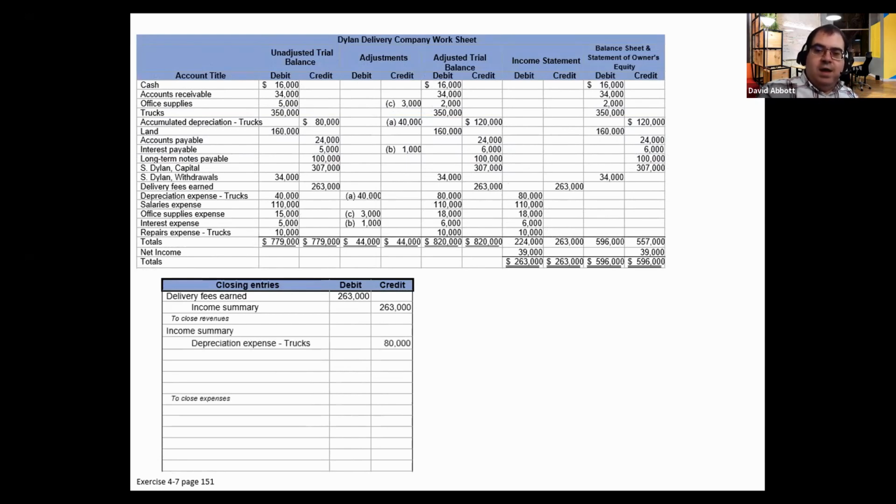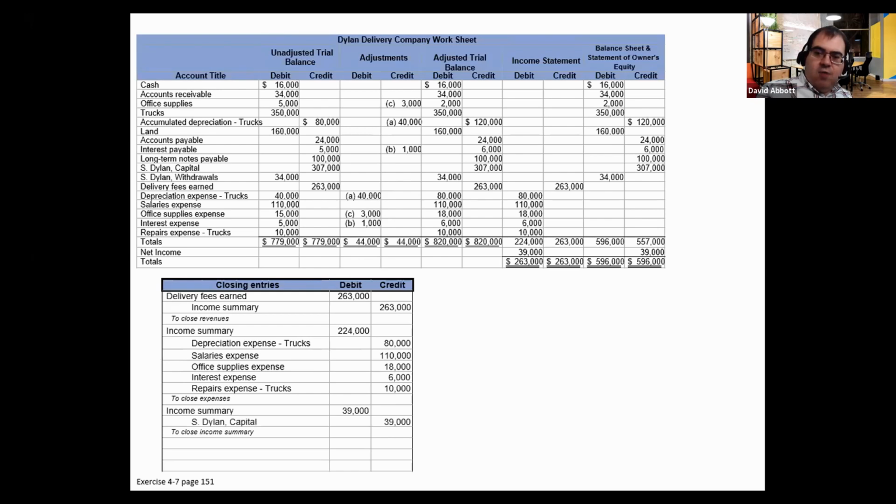Then we will debit income summary, and list out all of our expenses. Then you put the total. So the total debit for income summary is $224,000, and then you list out all of the expenses. And then you have the income summary account.